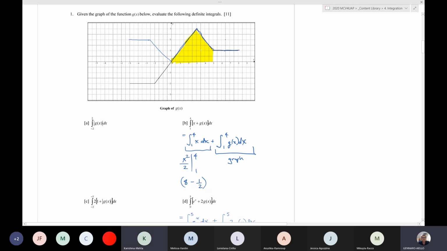Right. But then for the bottom question, for C, when you go from -2 to -5, since it's going left, would that area be negative even though it's the absolute value, or is it still positive?